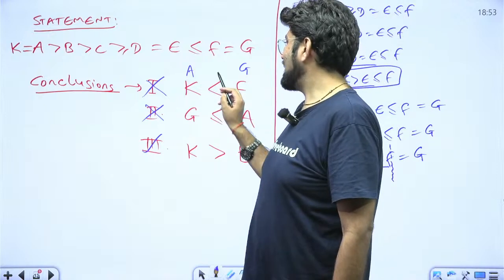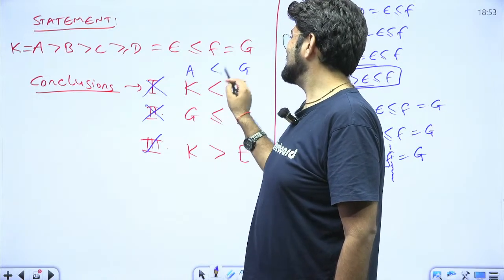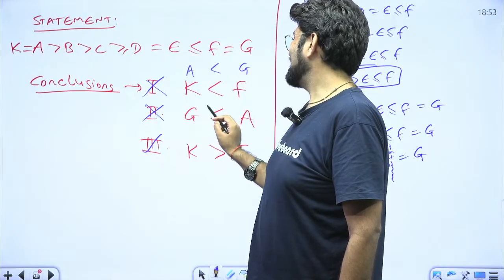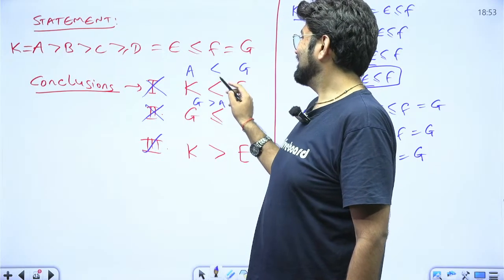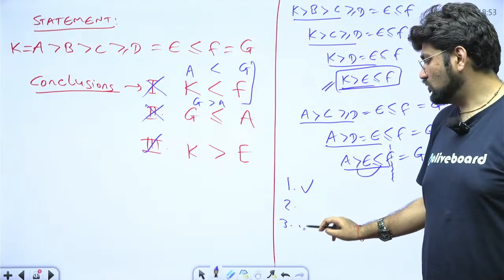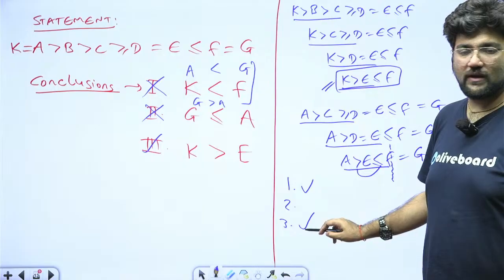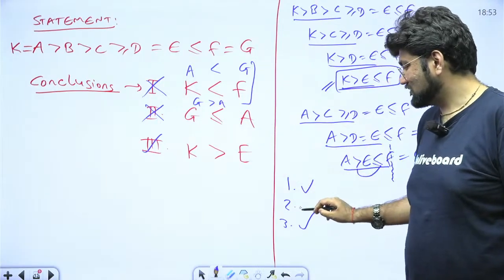So what I will do is, I will replace their order. So I can write A is less than G, or I can write it here as G is greater than A. Same thing. These three are the same things only, right? So now I have made it unidirectional, same elements. And now if I see there is a combination of greater than, less than, equal to, so condition 2 is also satisfied.